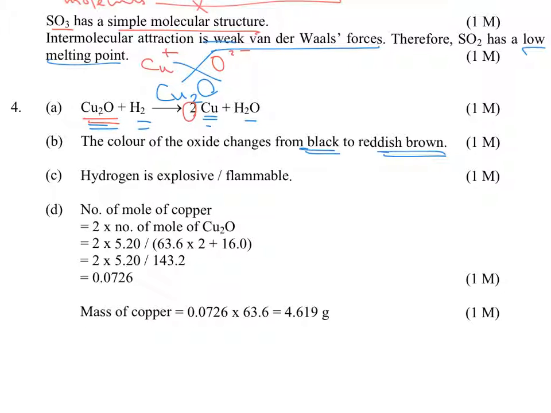And then why do we need to burn out the hydrogen? Because the hydrogen is explosive and flammable. If it accumulates in the tube, it will explode under high temperature. So we try to burn it out in order to remove the hydrogen and prevent explosion.